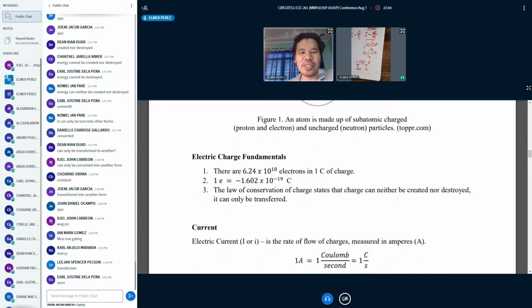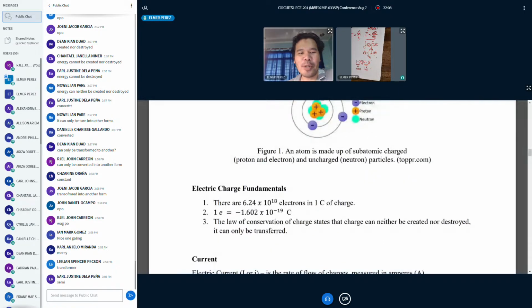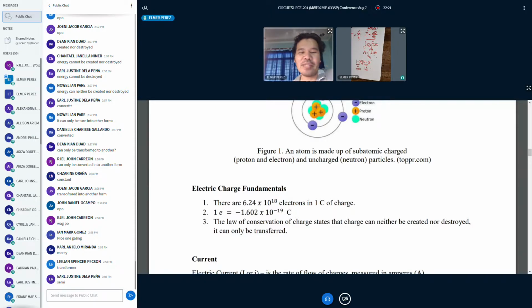Ayan. So the electrical charge, there are 6.24 times 10 to the 18 electrons in one coulomb of charge. And one electron, ang unit niya ay negative 1.602 times 10 to the negative 19 coulombs. So Coulomb's law, pinag-aralan niyo to.